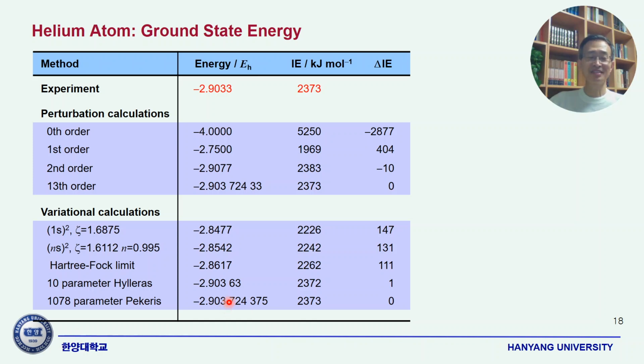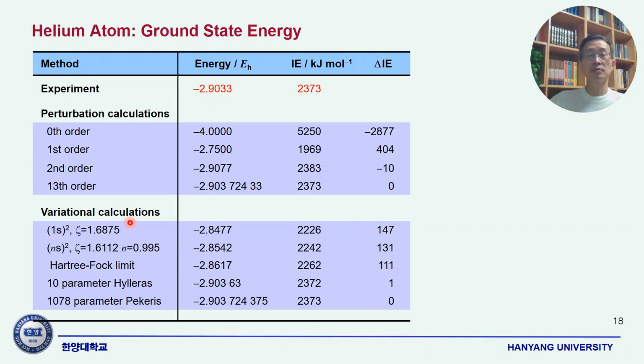He obtained exactly the experimental number, in fact an energy more accurate than the experiment. So this is the way we've done it. Perturbation treatment is rather complicated in terms of computer coding. The variational method is much easier and much more flexible, so we sacrifice some accuracy, but we first try to achieve the Hartree-Fock limit in variational calculation.